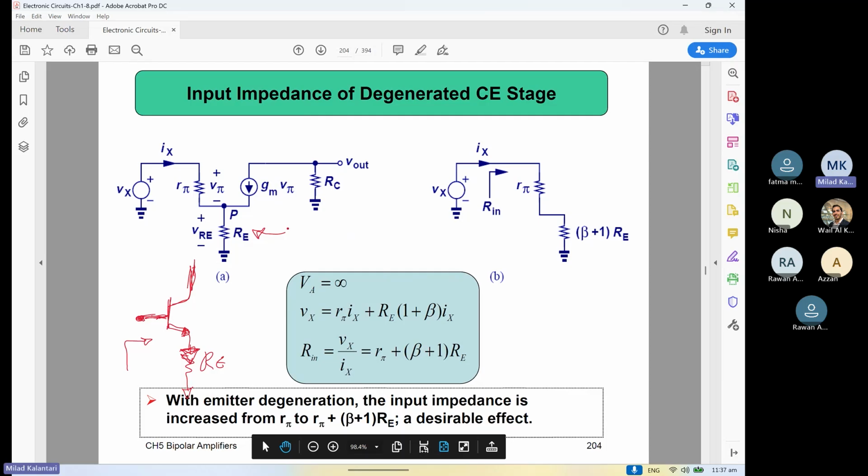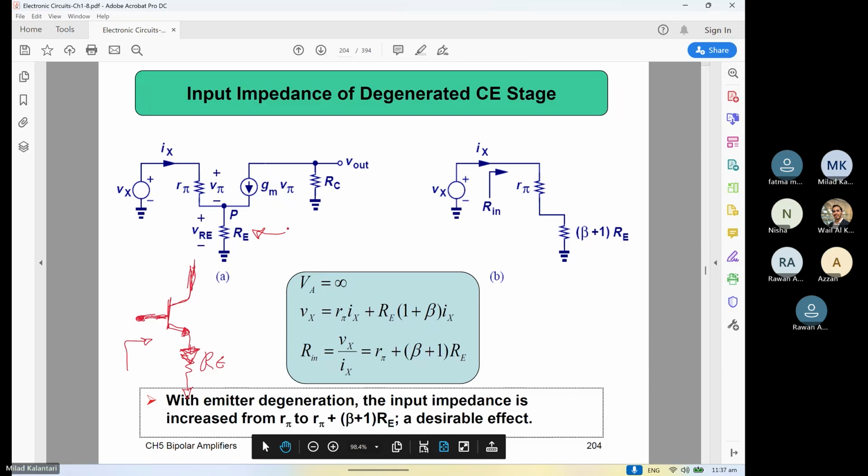On the other hand, now we want to transfer the emitter impedance to the base, because we are going to see the impedance from the base. What we should do is similar. The emitter current is beta times higher, the impedance is smaller. If you move it to the base, the current is smaller, so the impedance is higher, right?